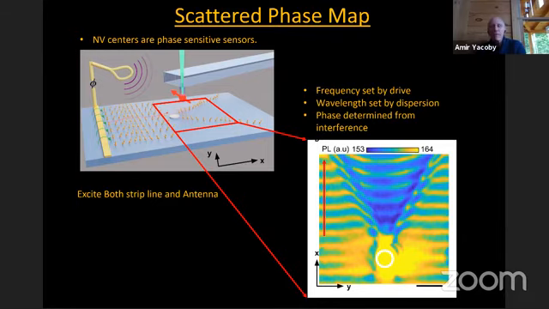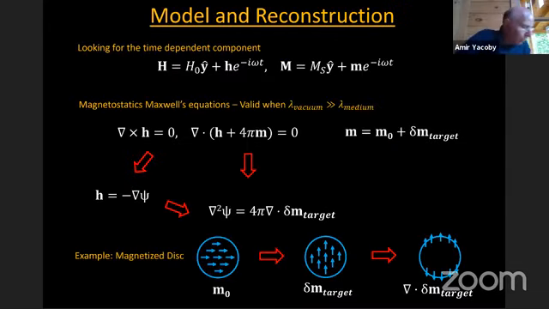Up to now, I've avoided using any formulas. Now I'm going to use just a few formulas to give you a little bit of intuition of what we expect for the target. We have a magnetic field that we're detecting, H. There is a magnetization in the system that's given by the underlying magnetization and a fluctuating part.